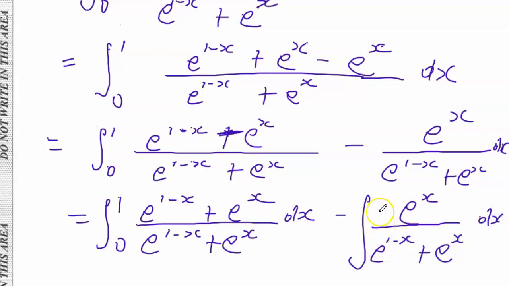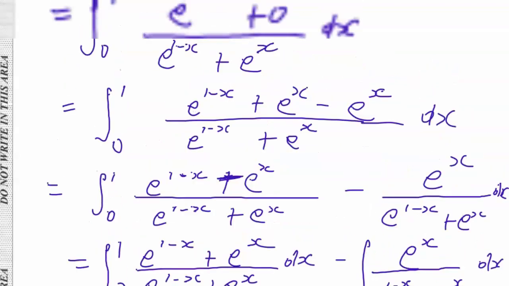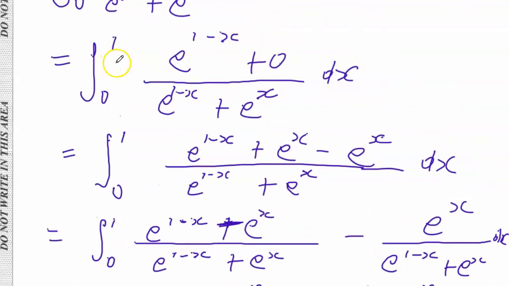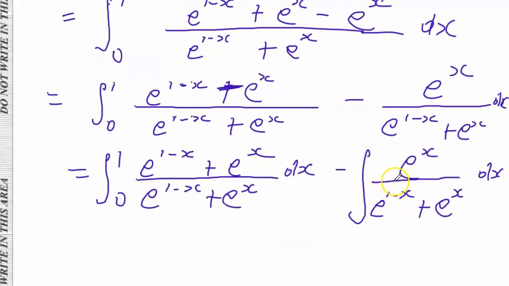Now if you notice what we have here, the second integral is the exact same thing we have on the left hand side. Alright, notice what we have here is the exact same thing.